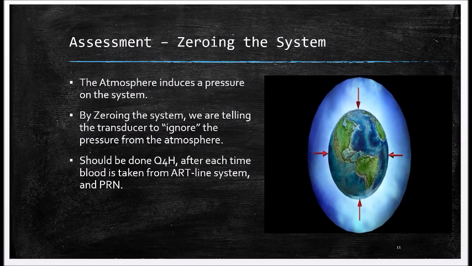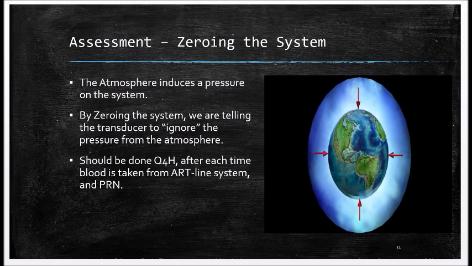Next, we need to zero the system, and the reason is that the atmosphere does have a pressure that exerts on the system, and it can make the readings inaccurate. By zeroing the system, we're telling the transducer to ignore the pressure from the atmosphere and only concentrate on the pressure from the patient.